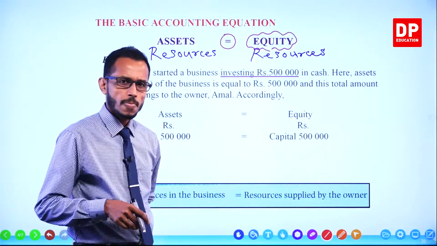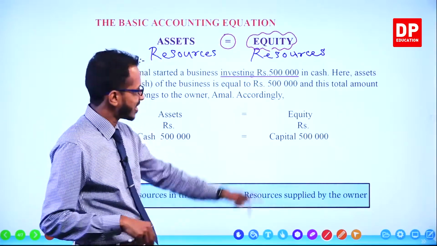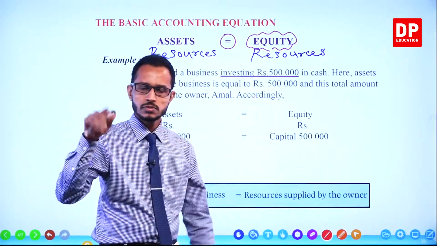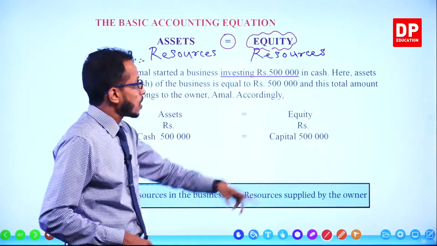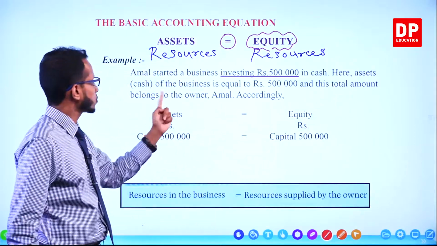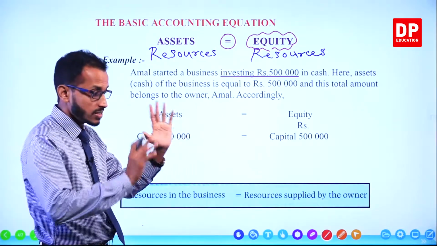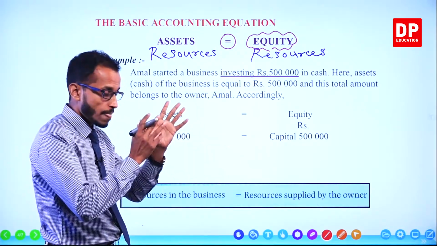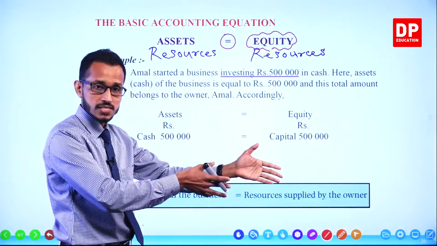You get it, right? He can start his business with this 500,000. So this total amount belongs to the owner, which is Amal, and that is the only amount of money which is in that business.